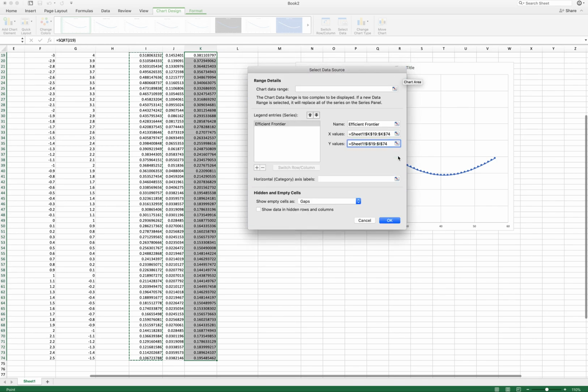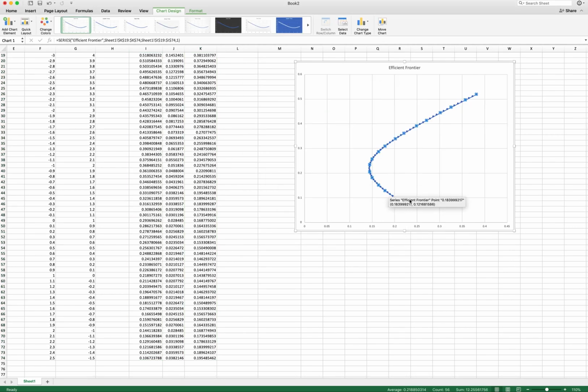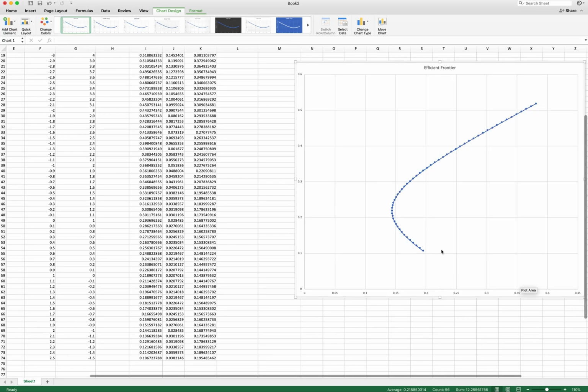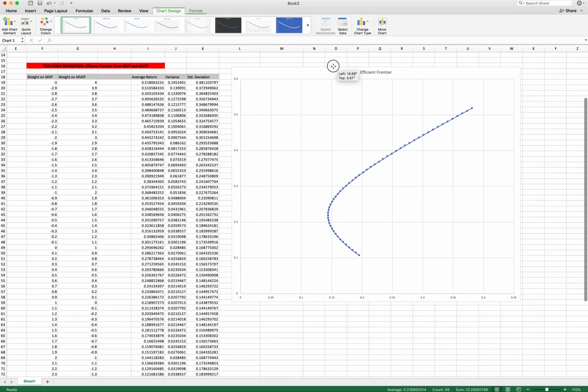Okay, seems to work. Okay, oh, and let's see. It gives us, oh, and here we are. So like this nice common bullet shape curve, also known as a parabola, which is the efficient frontier. So there you have your efficient frontier.